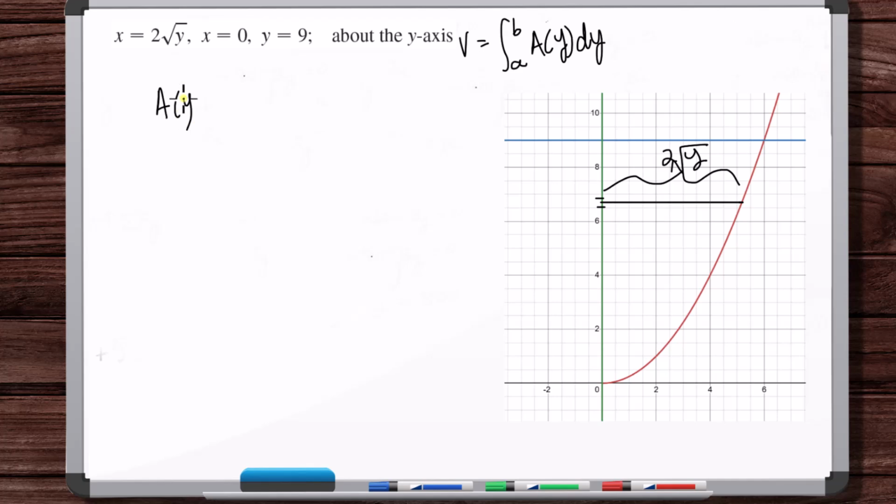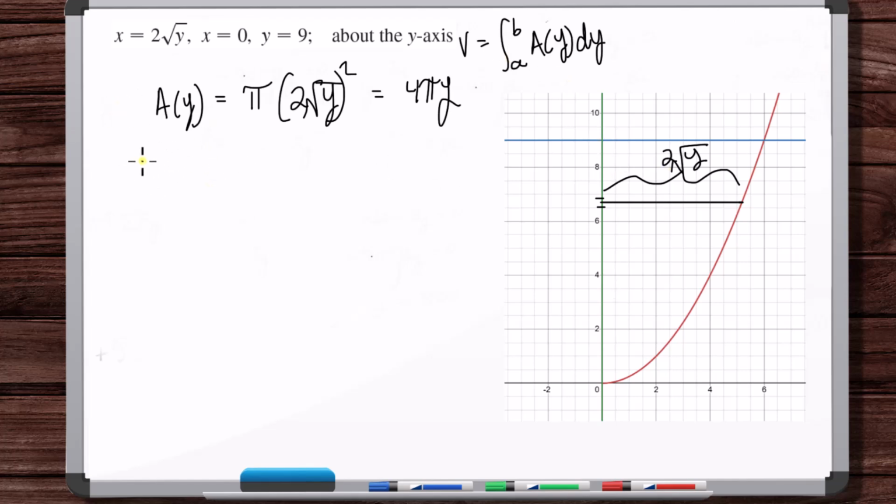A of y is pi times 2 root y squared. So 4 pi y. That's A of y. But when you do delta y, that's when you get the right cylinder, right? It's the exact same method, the right cylinder volume formula, just with y as the independent variable.